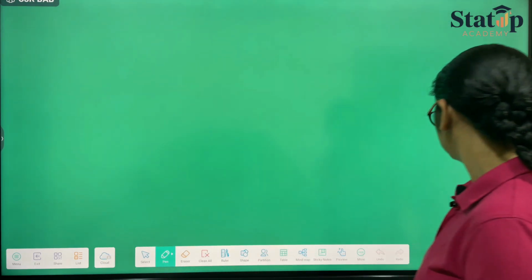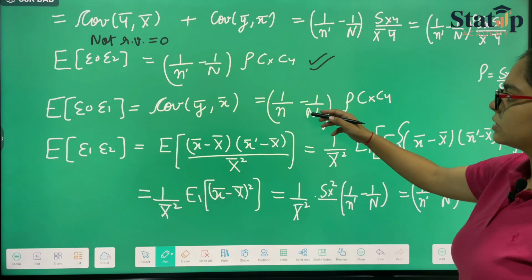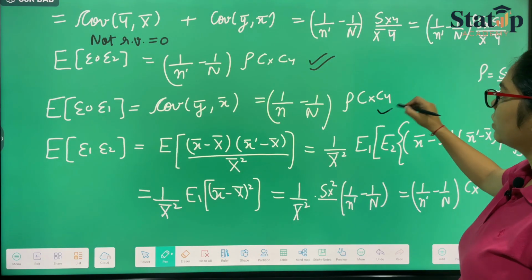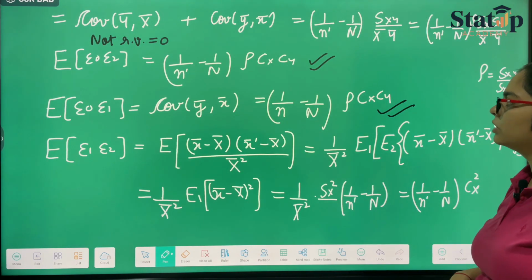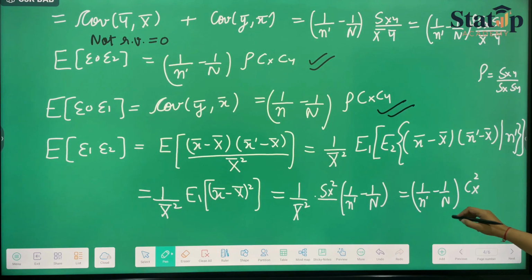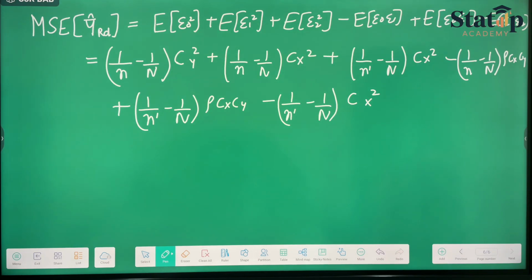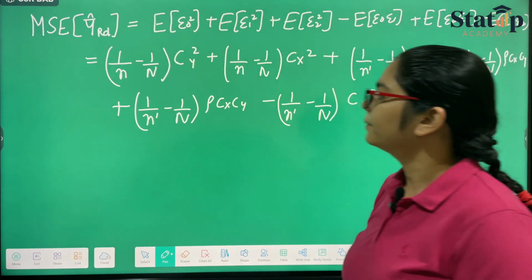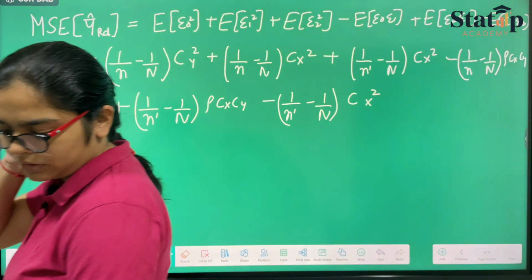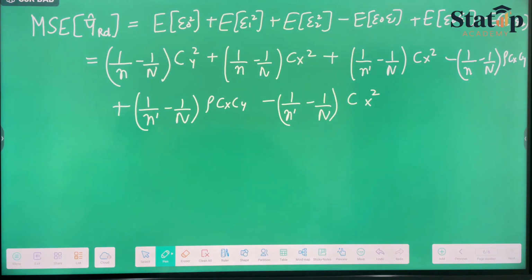As we can see here, e naught e1 is 1 upon n minus 1 upon capital N rho Cx Cy, and e1 and e2 is 1 upon n prime minus 1 upon capital N Cx square. Okay, so now we'll solve all of them.